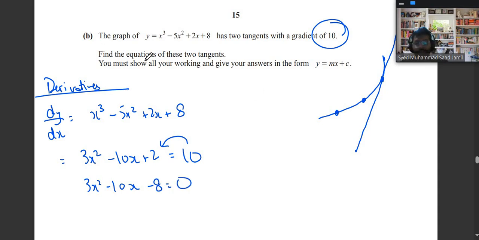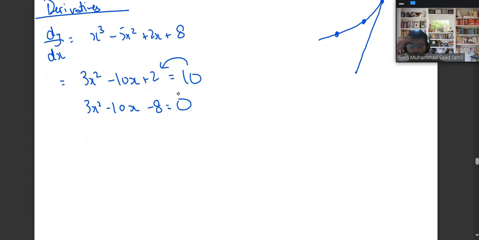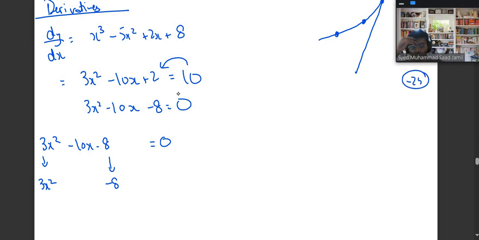So now once we get this equation, we will do breaking of the middle term. So 3x square minus 10x minus 8 is equals to 0. I will write 3x square as it is. I will write minus 8 as it is. So 3 multiplied by minus 8 is minus 24. Just write it randomly in a corner. And two numbers such that when you multiply you get minus 24, and when you add or subtract you get minus 10.